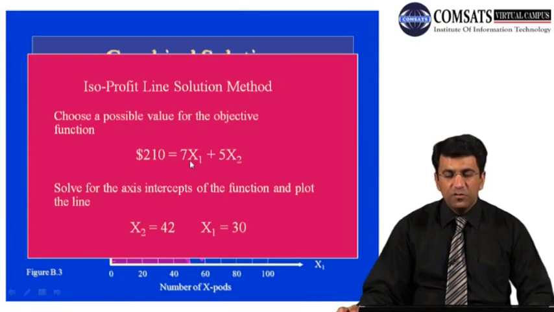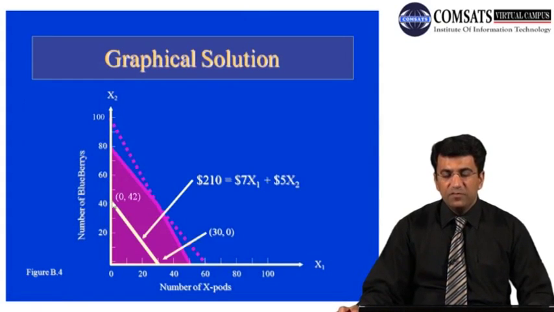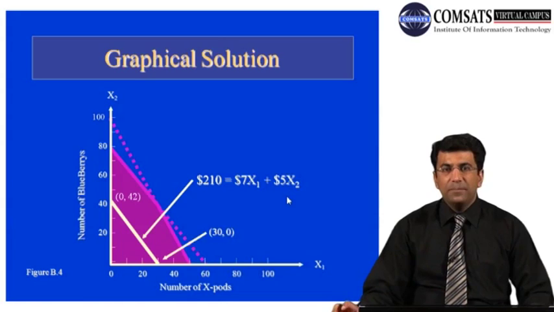If we put x1 equal to 0, then the value of x2 will be 42, and if we put x2 equal to 0, the value of x1 will be equal to 30. So this is again a point of 30 and 42, and we will draw this on the graph. This is the line of the objective function, 7x1 plus 5x2, but hypothetically we take a value of 210.